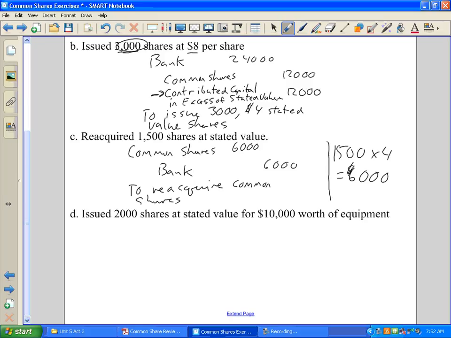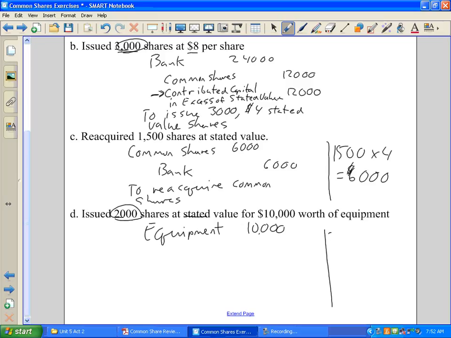Okay. All right. Now, lastly, this is sort of like what we experienced in the first question, where they pay for a piece of equipment in this case with shares. Okay, and it's worth $10,000. Now let's do a little math over here. You realize here that they sold 2,000 shares at the stated value.